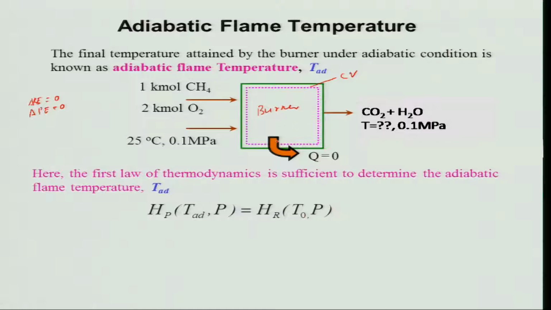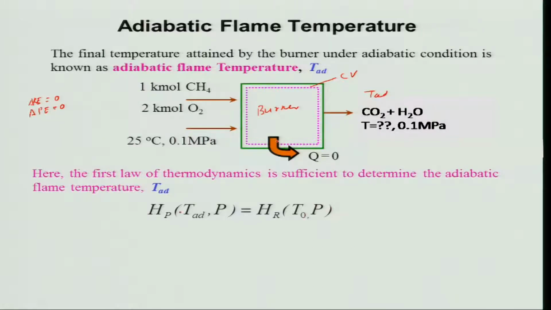For a control volume or open system, that is Hp equal to Hr, right. And the temperature you will get is basically T adiabatic, because no heat is going out of the system. So all the heat will be there. Whatever temperature I get, I call it the adiabatic temperature.